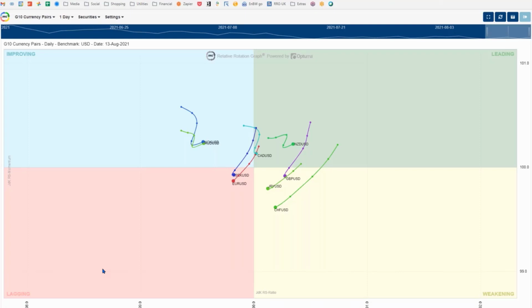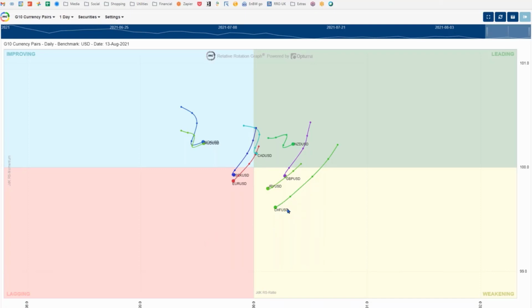And then everything that's on the right, you can see the trajectory, except for the New Zealand dollar, is, if you like, southwesterly. Now in this north-south region, west is weak, east is strong, north is with positive momentum, and south is without positive momentum. So the message with the Swiss franc here is that it's weakening, still outperforming, but weakening and losing momentum.